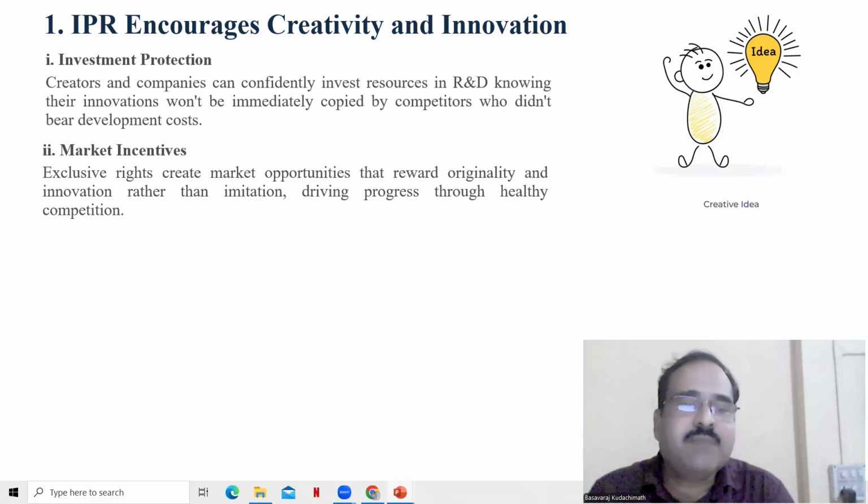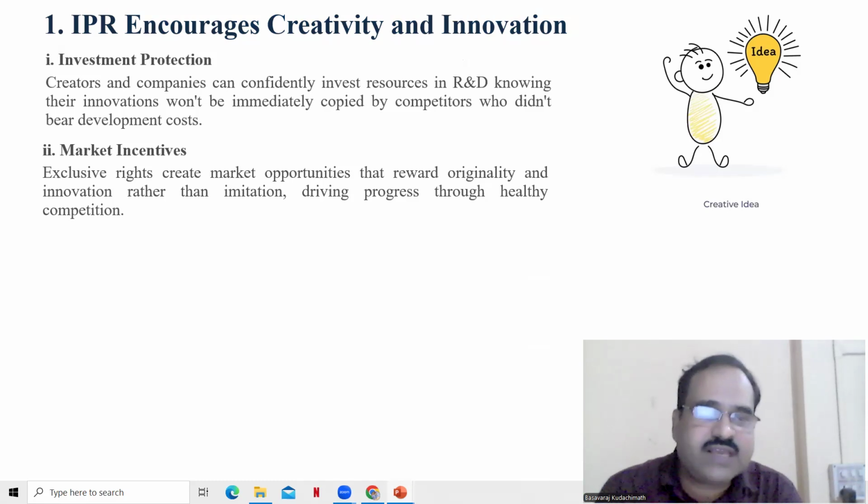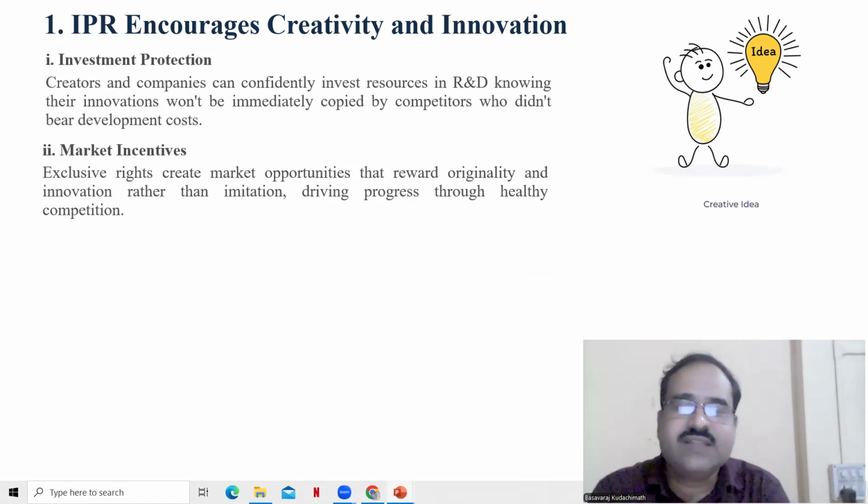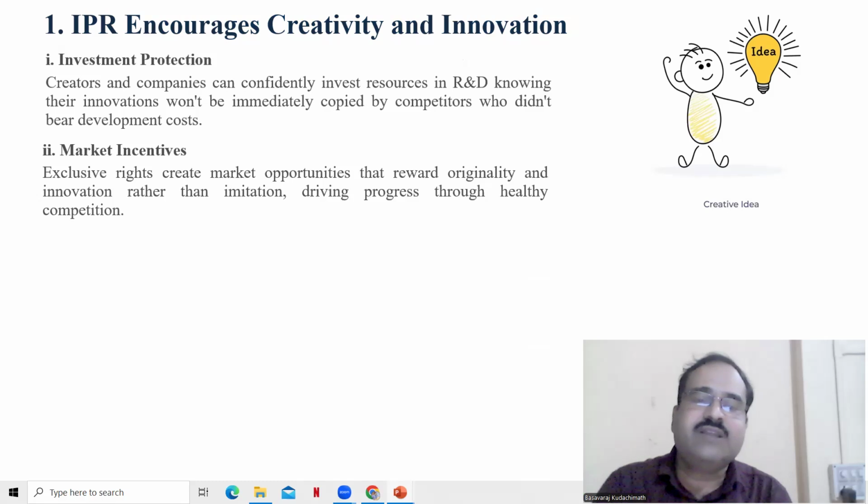Next one is market incentives. Exclusive rights create market opportunities that reward originality and innovation rather than imitation, driving progress through healthy competition. It means that whenever a new product is introduced by the company with a unique selling proposition in that particular product in the market, it cannot be copied easily by the competitors.